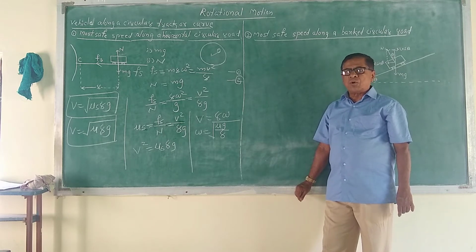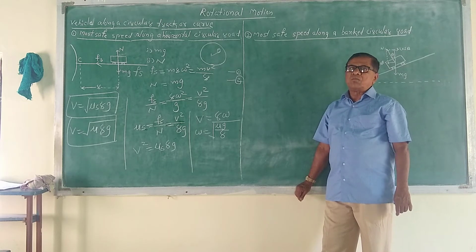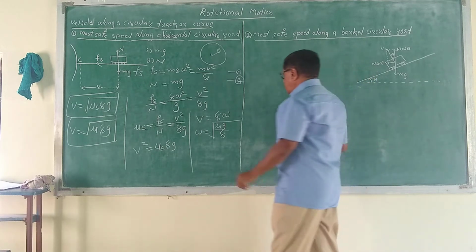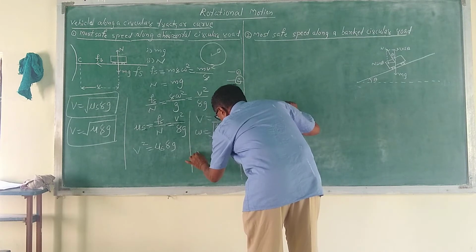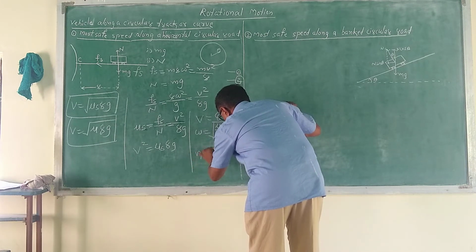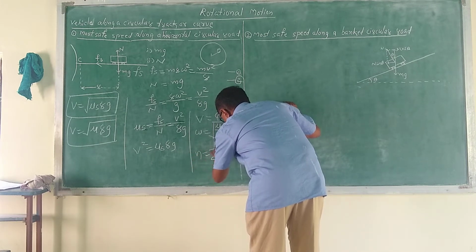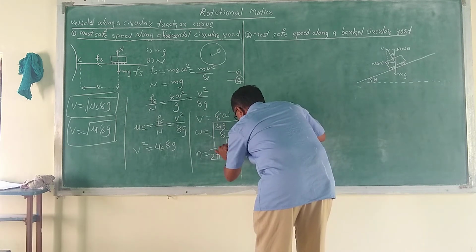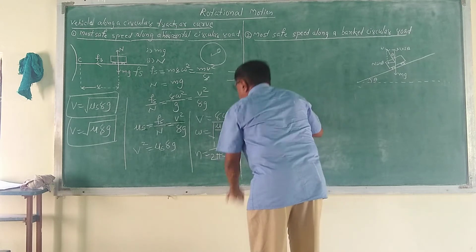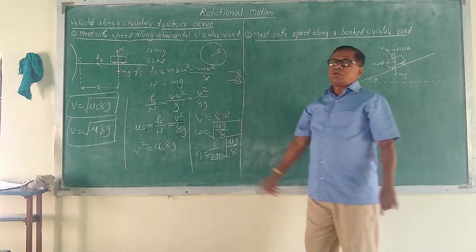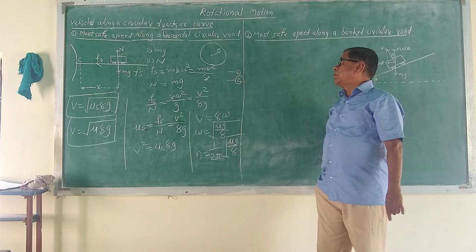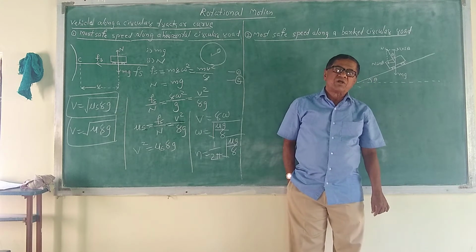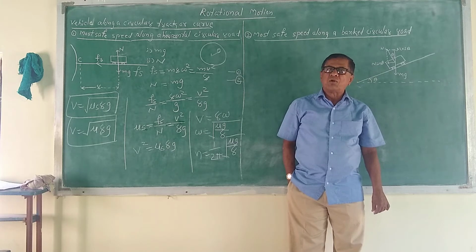Now suppose we want the frequency. As omega is equal to 2 pi n, therefore this formula can also be taken as n is equal to 1 upon 2 pi root of mu G upon R. Now this is the first derivation, that is the most safe speed along a horizontal circular curve or circular track or circular road.